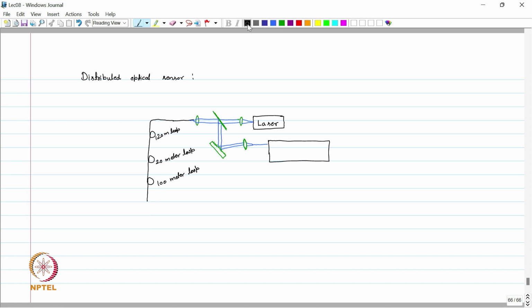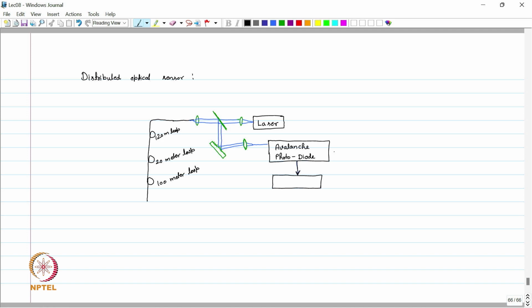This is the avalanche photodiode, which generates an electrical signal. This electrical signal is generally fed to an amplifier, which is an all-electrical amplifier.